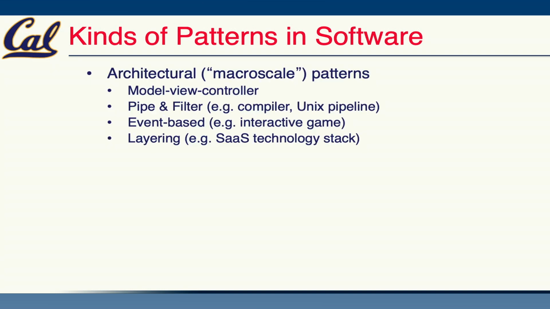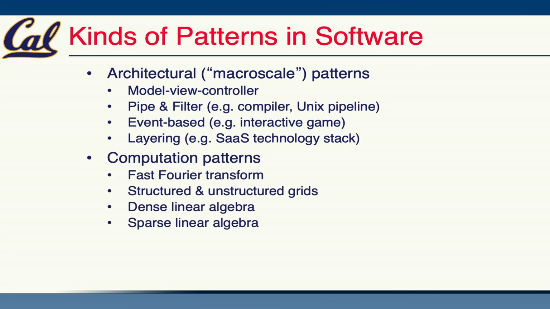In software, there are broad levels of patterns. We can call them architectural or macro scale patterns. So think about early on in the book, the HTTP stack, the entire internet protocol stack, the layering model, all of these are sort of macro scale architectural patterns for how we build an app, right? We can build a SaaS app on top of HTTP because this is a design pattern that allows us flexibility.